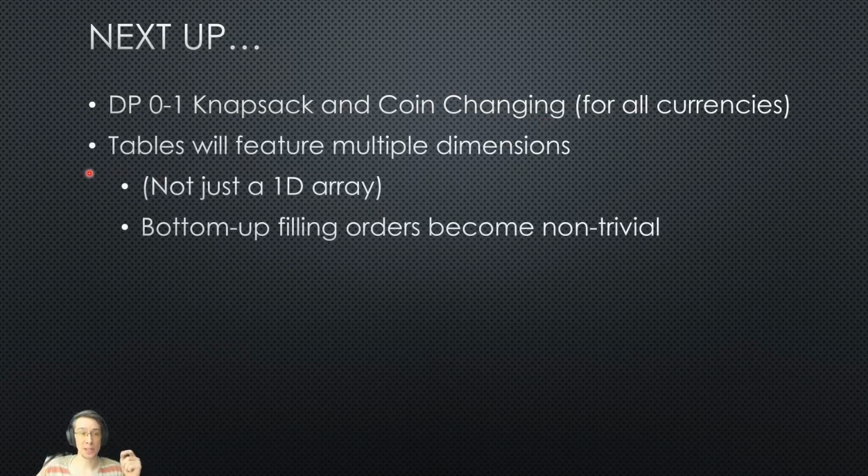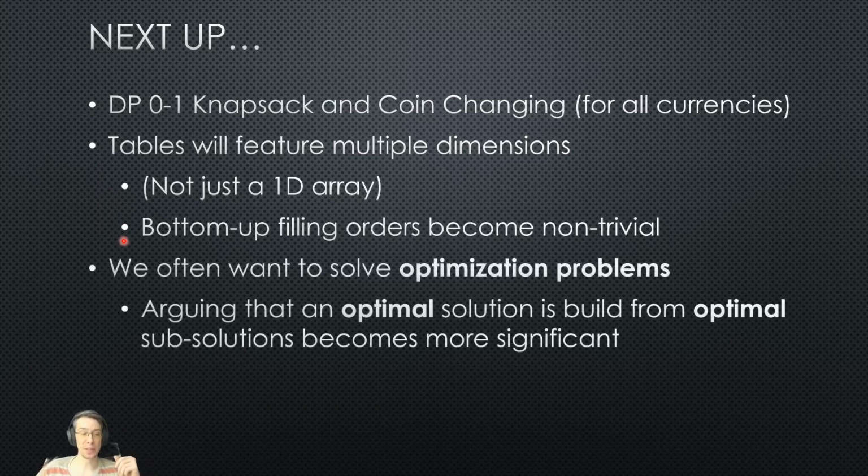Some of the problems that we're going to see coming up in dynamic programming are going to feature tables that have multiple dimensions, so not just a 1D array, and that means bottom-up filling orders are going to become less trivial than they were. Arguing about what is a bottom-up filling order, or the existence of a bottom-up filling order for a table, is going to be more difficult than what we've seen so far. And we also want to solve optimization problems.